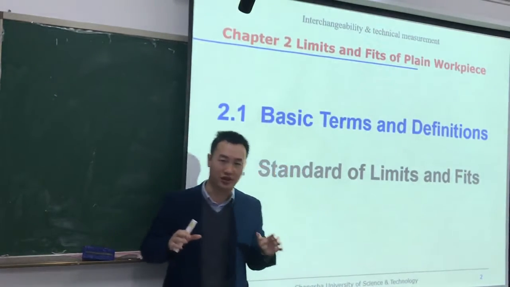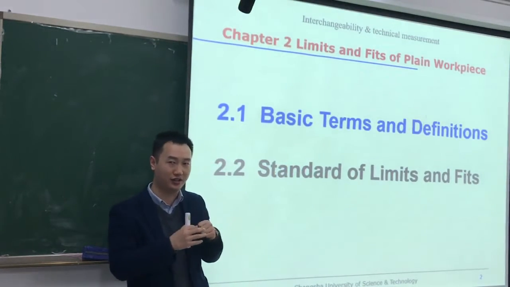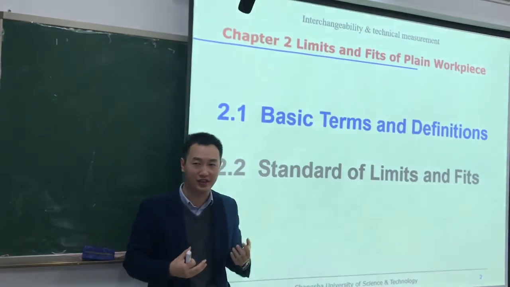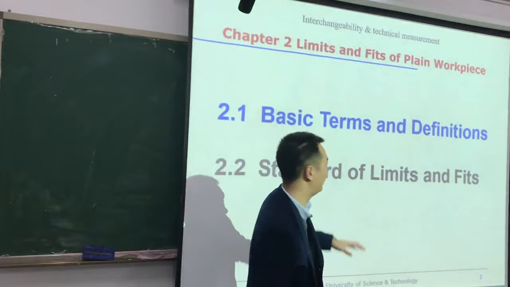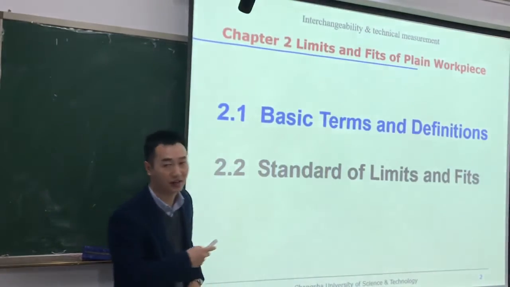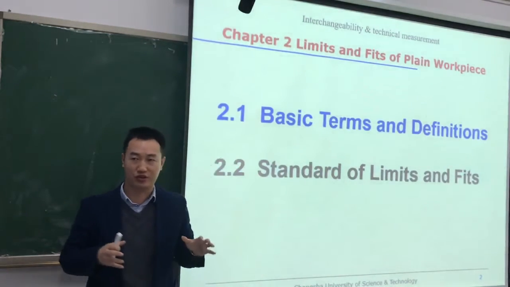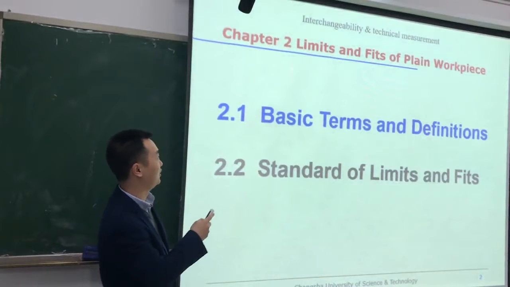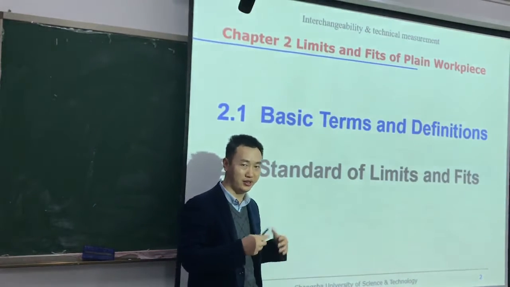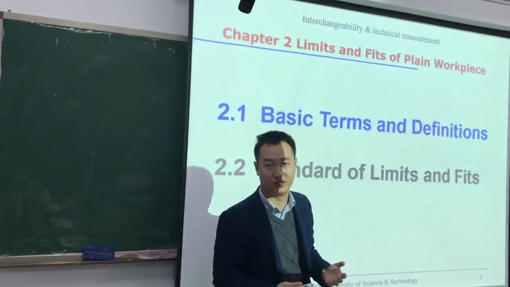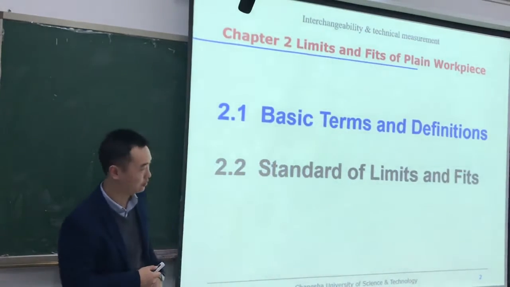In different conditions we want the workpieces connected together with different tightness. So how is the tightness determined? It's determined by the fit. When we manufacture the products, we set the limits for it: the upper limit and the lower limit. That's very important.